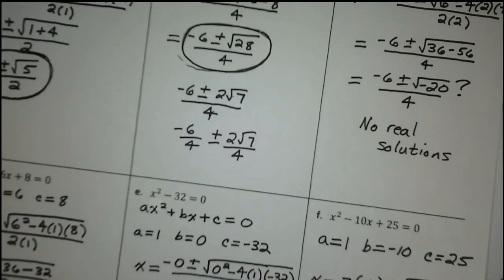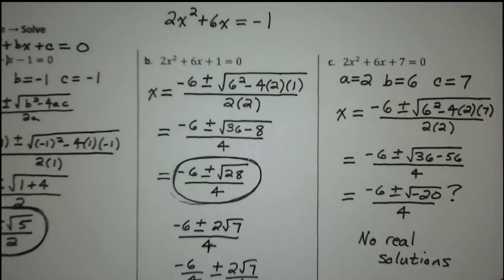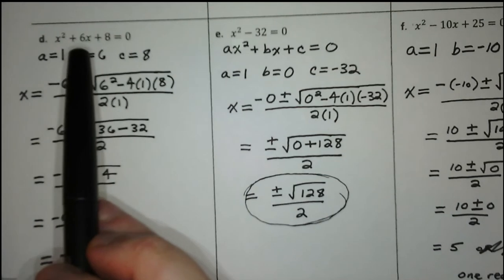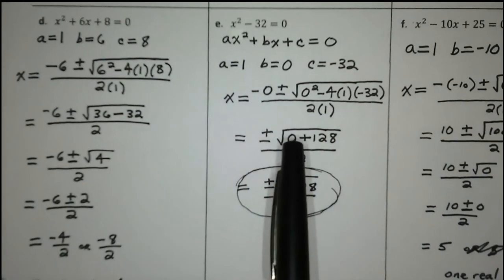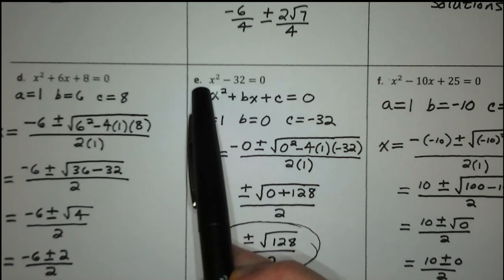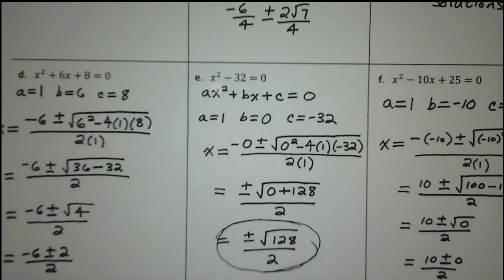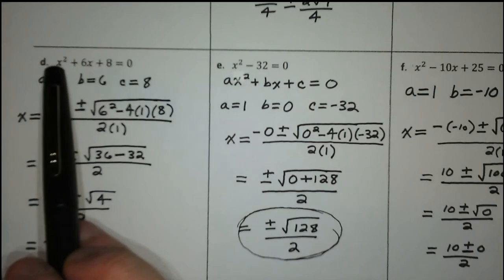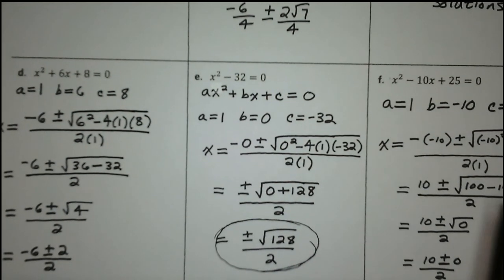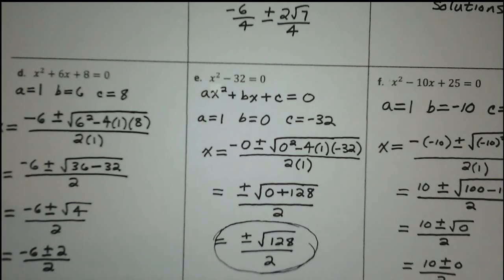But as we've seen, in example D, example F, and even in example E a little bit, we didn't need the quadratic formula to do example D, example E, or example F. But the quadratic formula works every time.